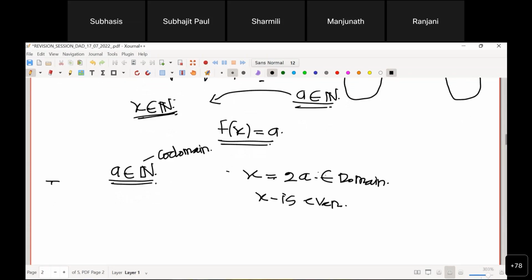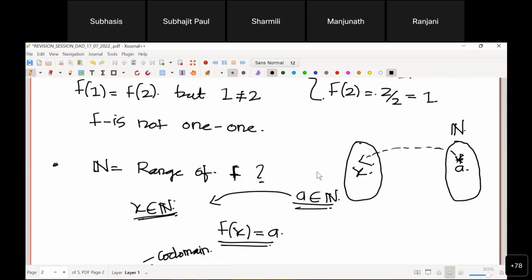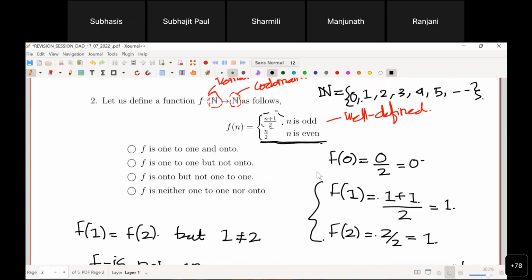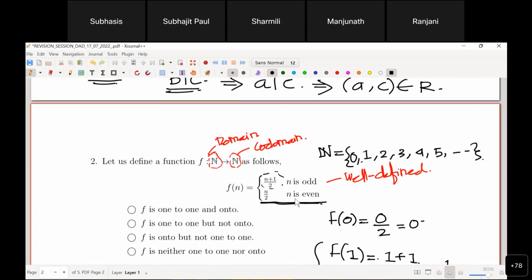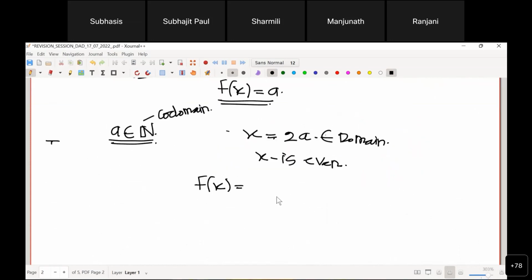So now what is f of x by the definition? x is even, so by the definition, if my number is even, then the image of that number is x by 2. So f of x is 2a by 2, which is a, right?